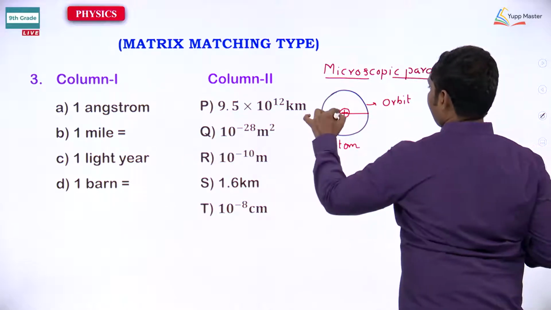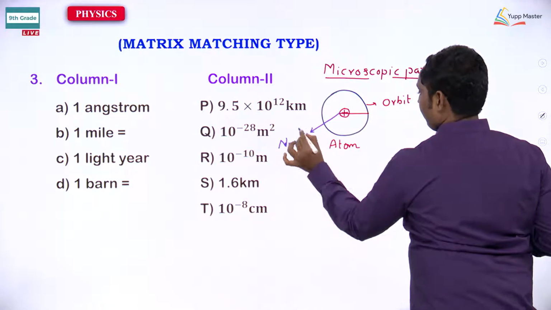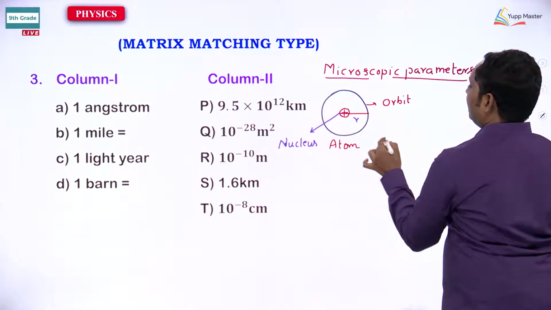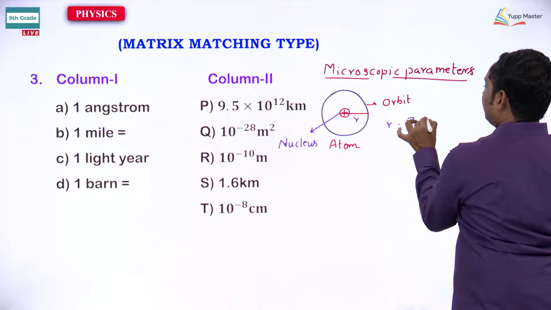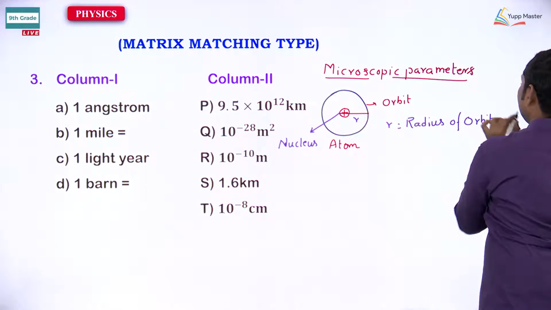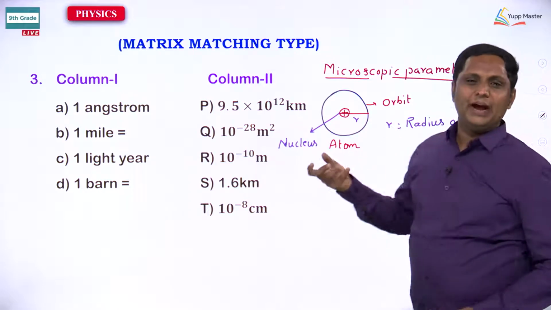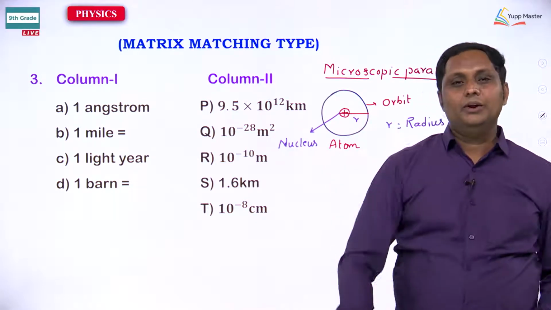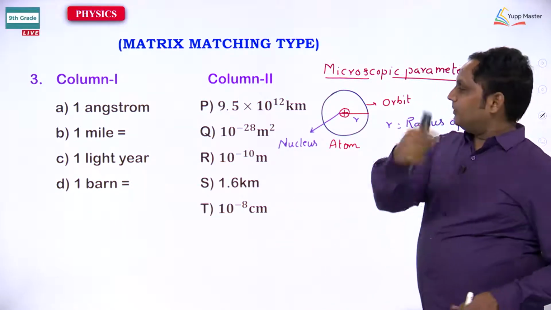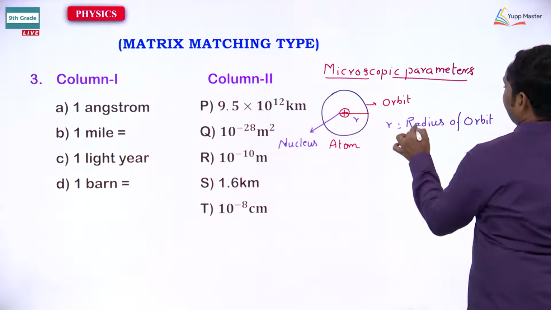This is R, R is the radius of the orbit. Or simply, the radius of the atom nearly represents the size of the atom. Our aim is to consider the microscopic parameters, the radius of the orbit.